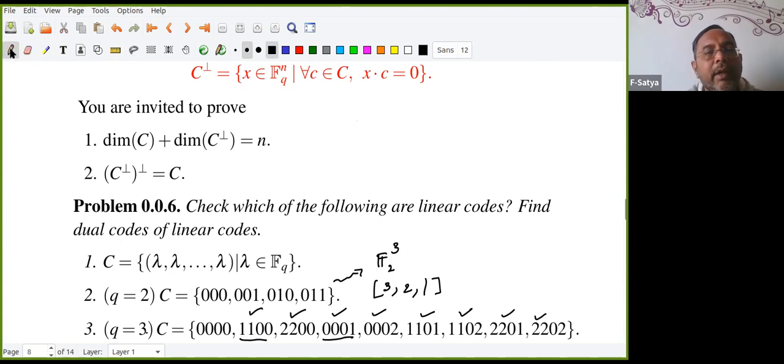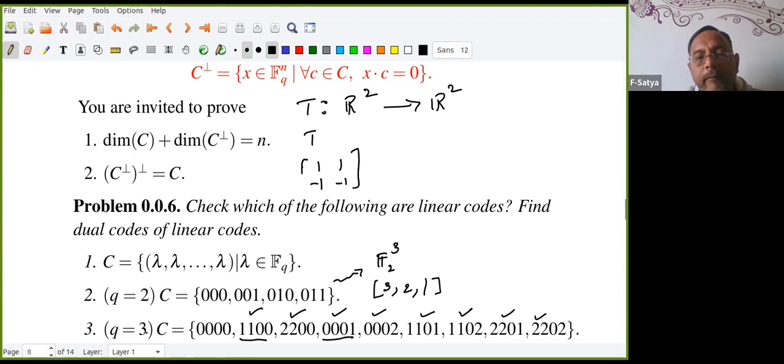For example, I take a linear transformation from R^2 to R^2. I also do not recall exactly what I'm giving. So T of (x, y) is mapped to a vector.